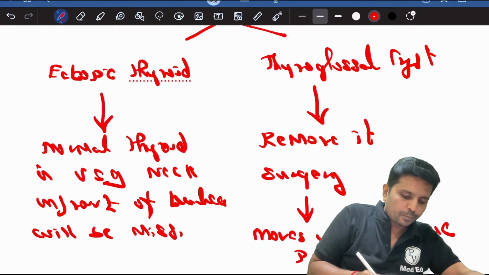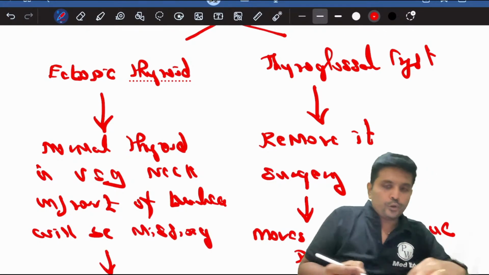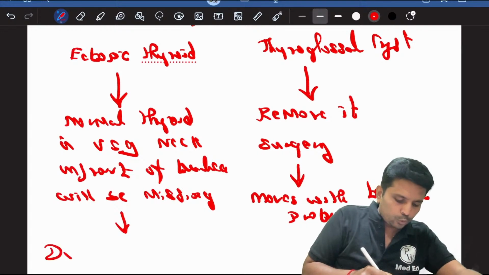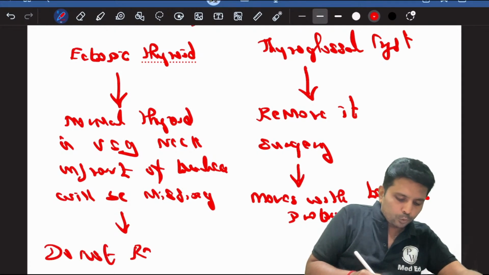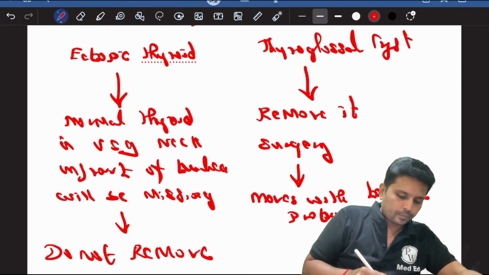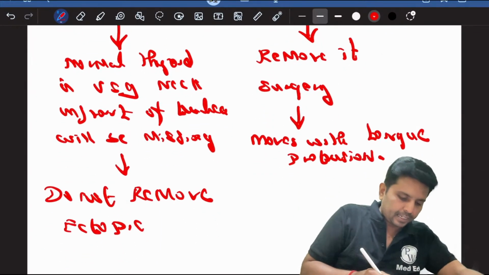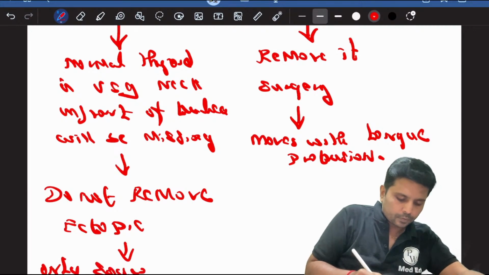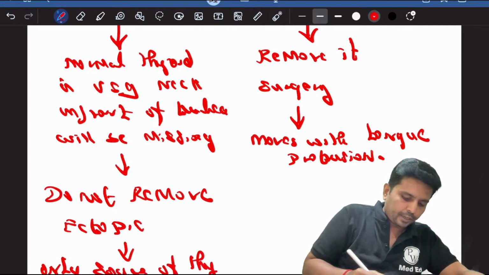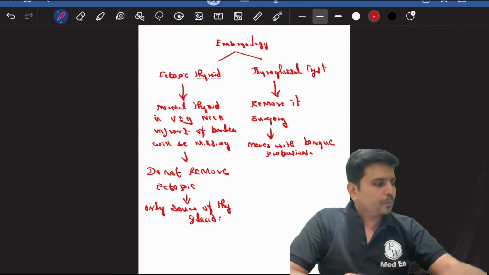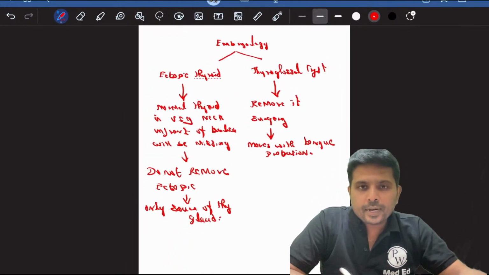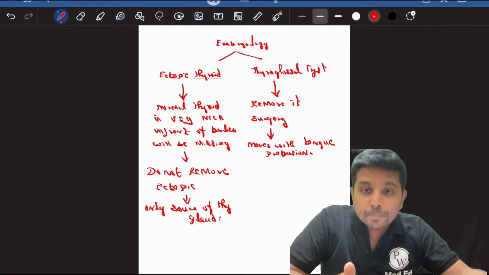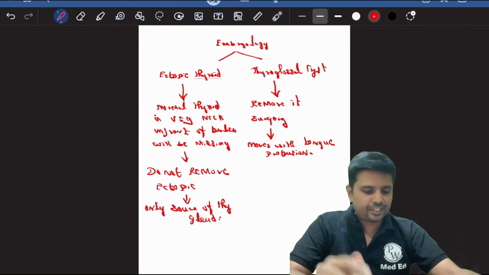So what you are supposed not to do: do not remove ectopic thyroid, because it is the only source of thyroid gland. So these are the two points that you need to remember with respect to embryology of thyroid glands.